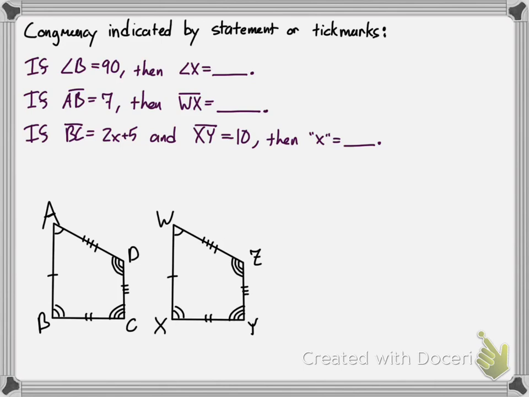All right, so here's how we'll apply some of our congruent statements and congruent figures. In our first question, they give us if B is equal to 90, then angle X is equal to blank. So angle B is 90 degrees. And we know from our previous page that angle B is congruent to angle X. So we know that X is also 90.